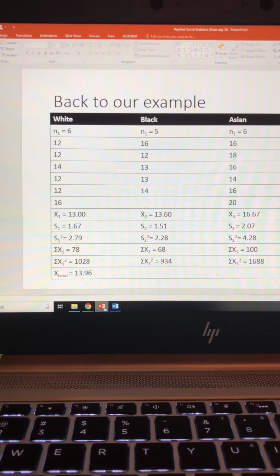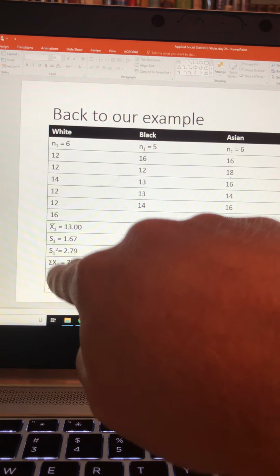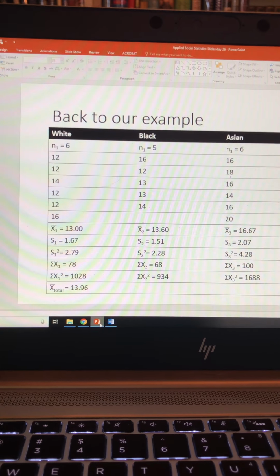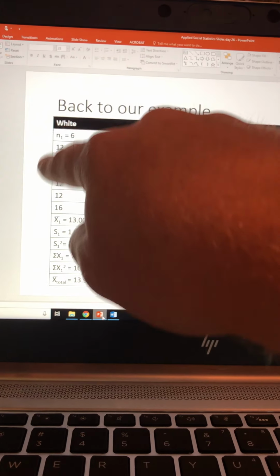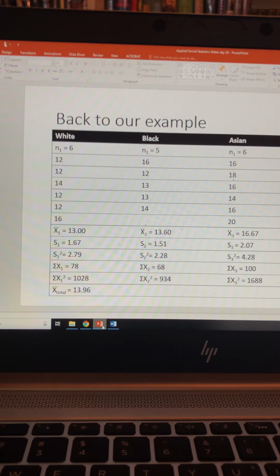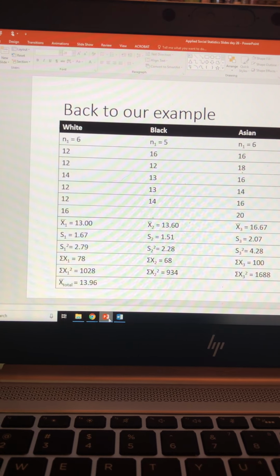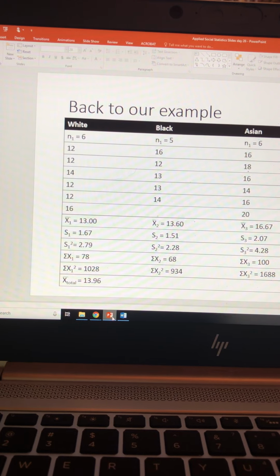It's not the sum of the total squared, it's the sum of the squared values. Let me say that again. It's not the square of the sum. So you don't add up all the years and square that. You take each individual year, square it, and sum it up.